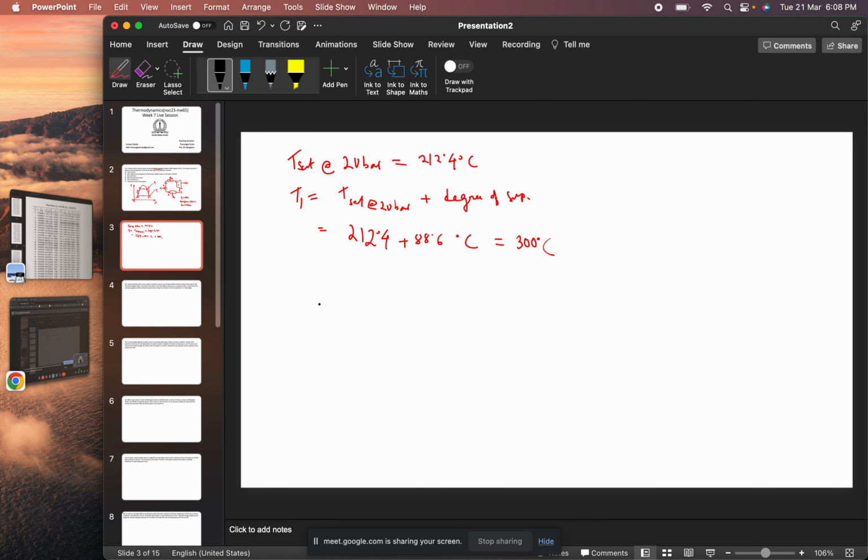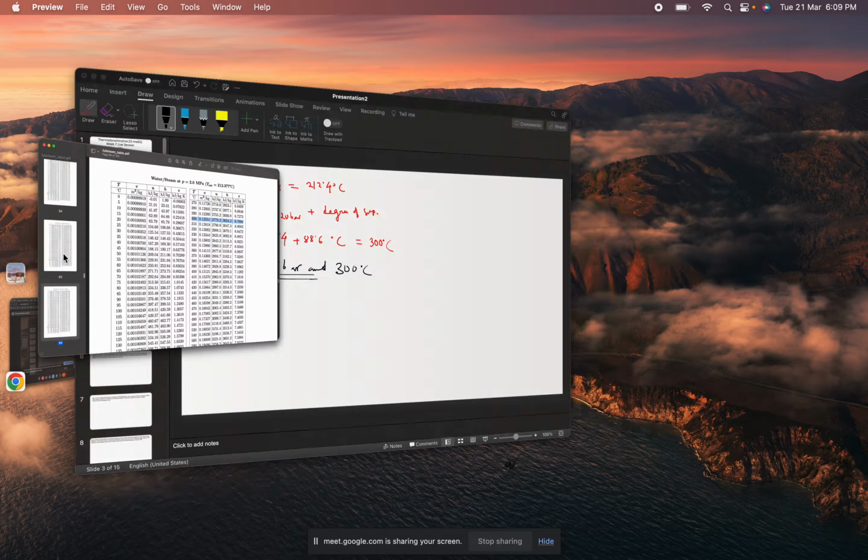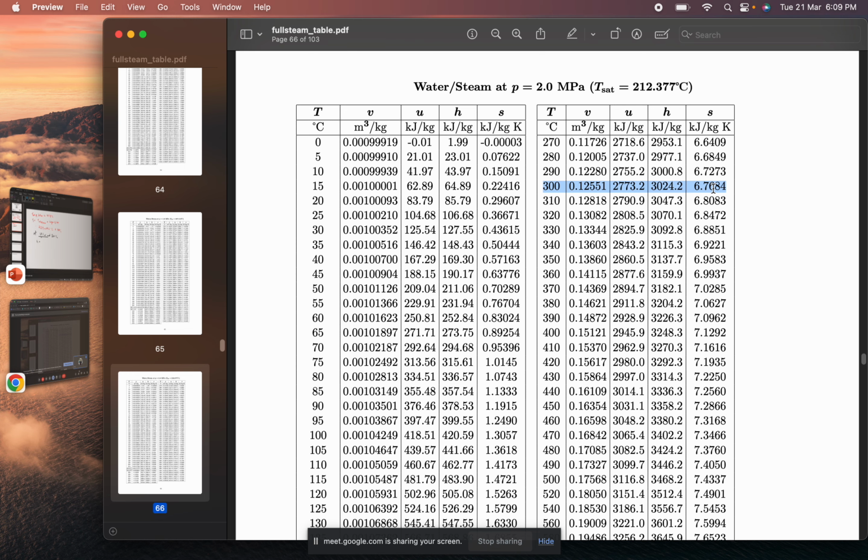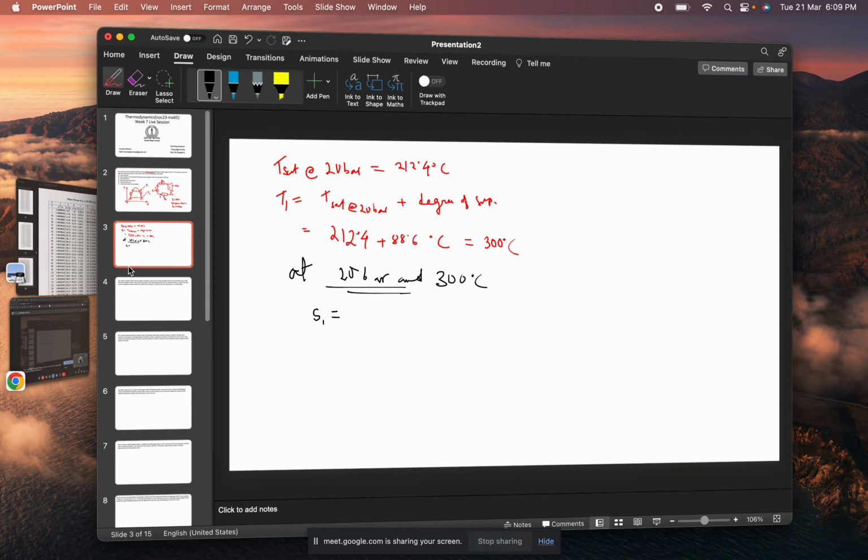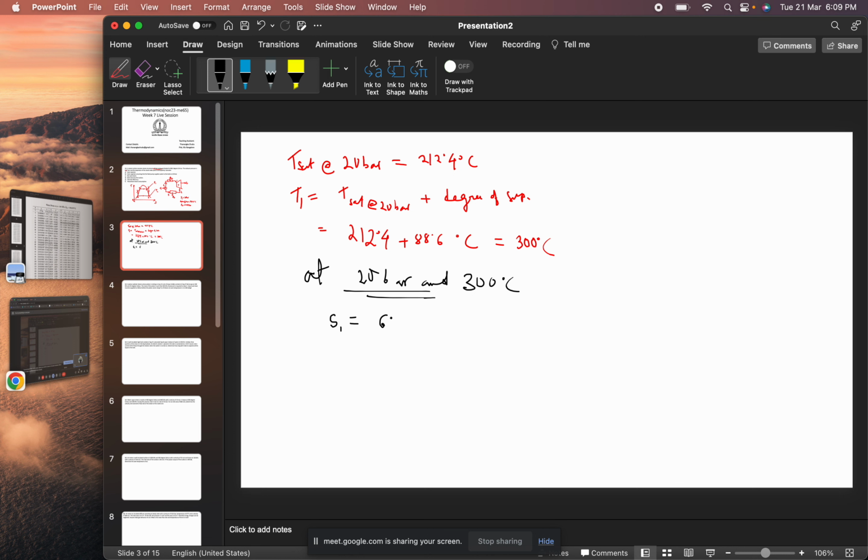So at 20 bar and 300 degrees Celsius, what we got? S1 we will get, yes or no? So S1 is basically 6.7684 kilojoule per kg Kelvin.